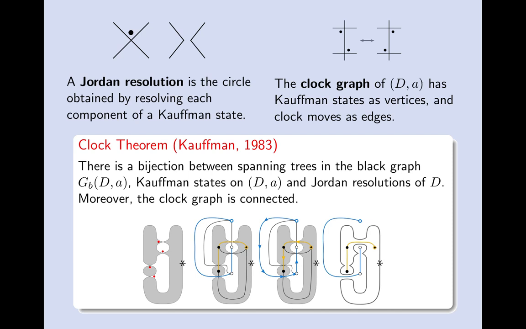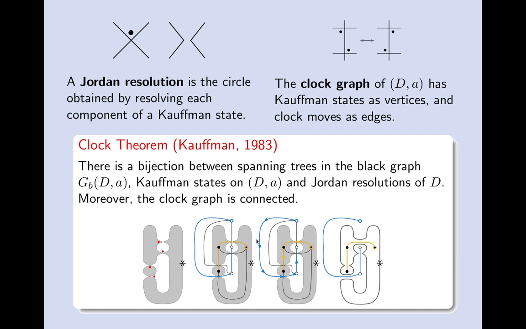And also it's a classical result that in this case, if we have a graph and its dual, in this case black and white graphs, then a spanning tree in one uniquely determines a spanning tree in the other, just by considering all the edges that are not part of the tree in the original graph. So basically this amounts to saying that this yellow tree uniquely determines this blue tree.